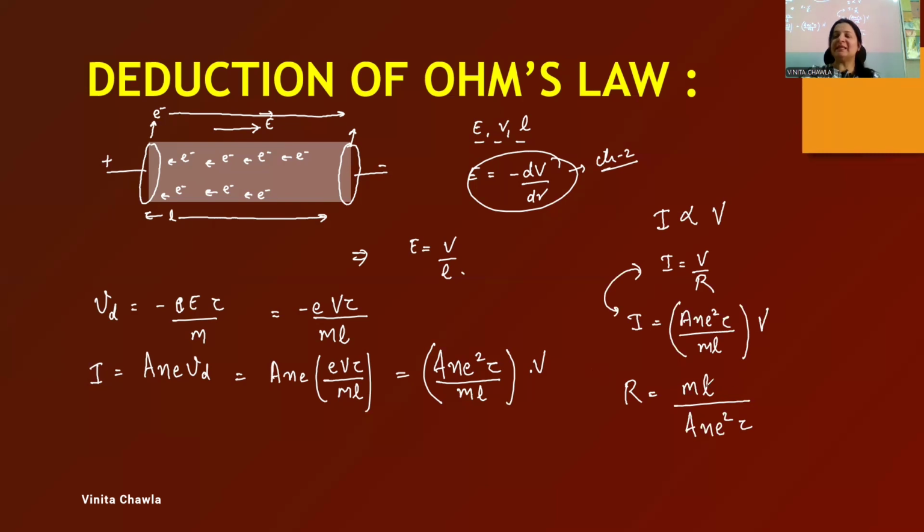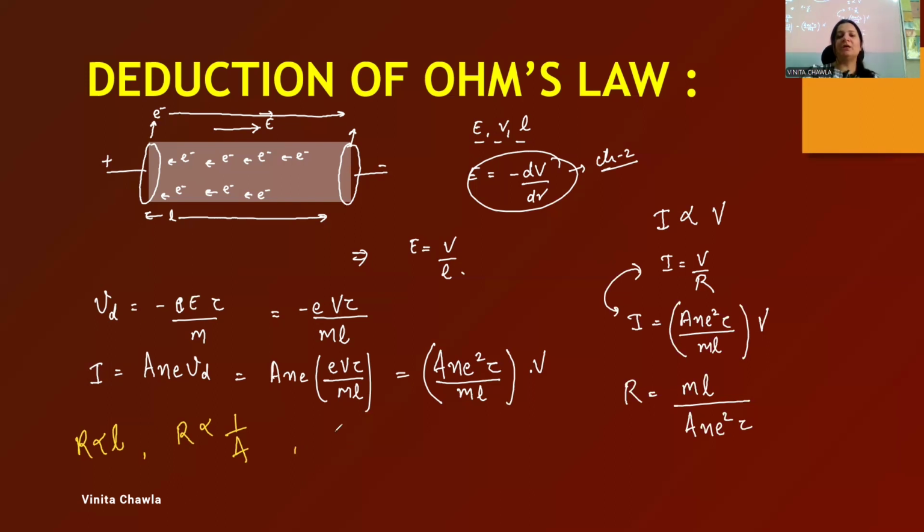Okay. So we can see that resistance of a conductor depends upon the length of the conductor. This is number one. It is directly proportional to length of the conductor. This we had discussed in previous class as well. And resistance of a conductor is inversely proportional to area of cross section of the conductor. If we increase the area of cross section, resistance decreases.